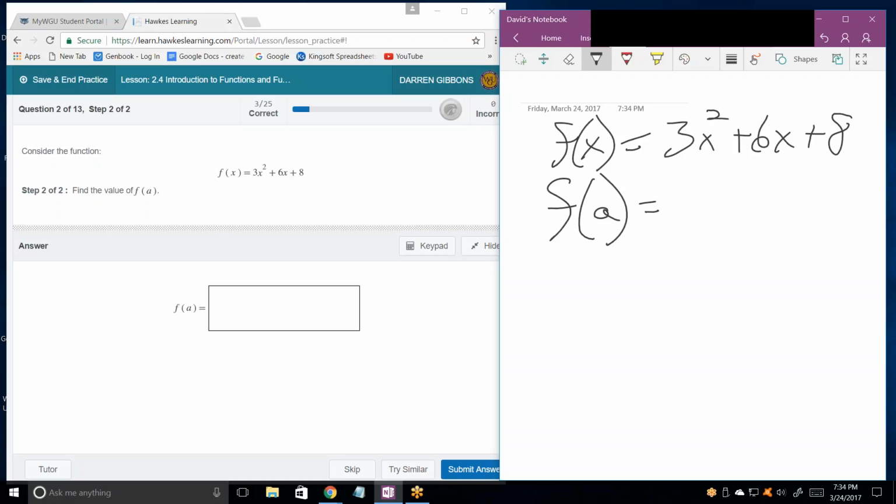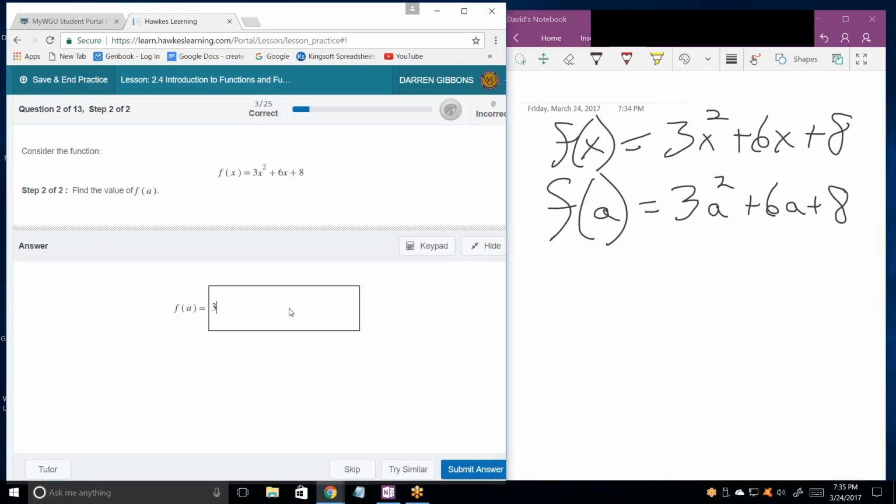Remember, whatever's in the parentheses, plug it in for x. Always. So 3 multiplied by a squared plus 6 multiplied by a plus 8. We can't reduce that any. That's what I'm going to put in.